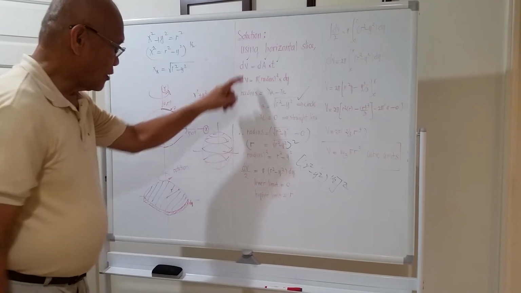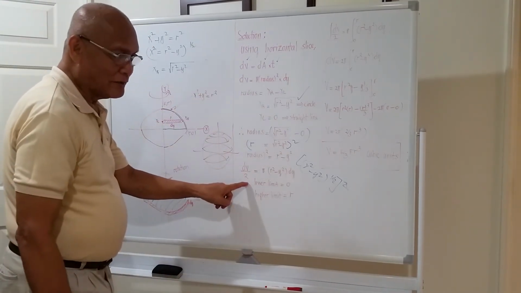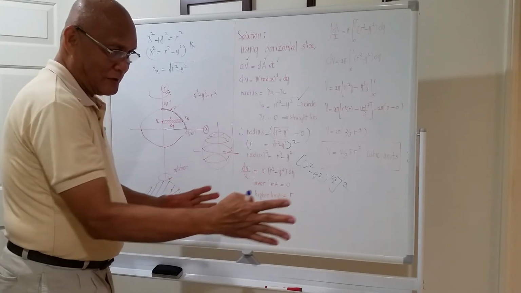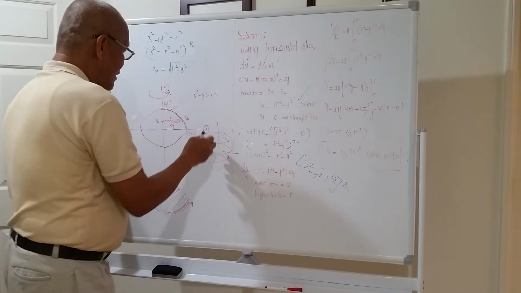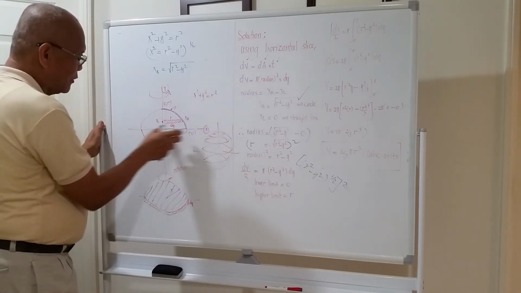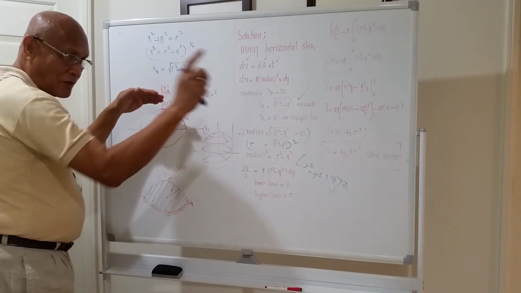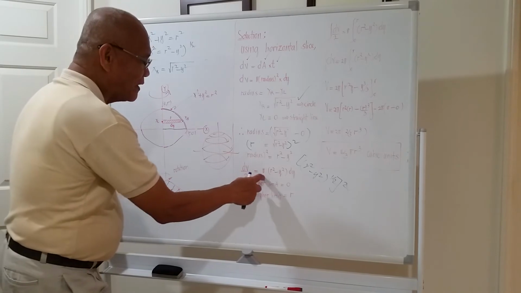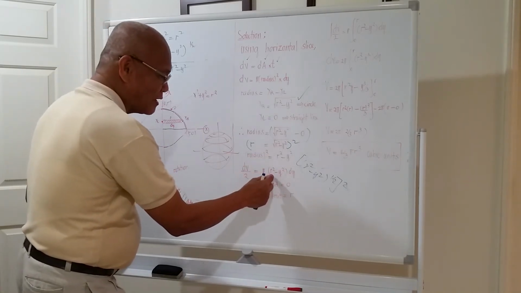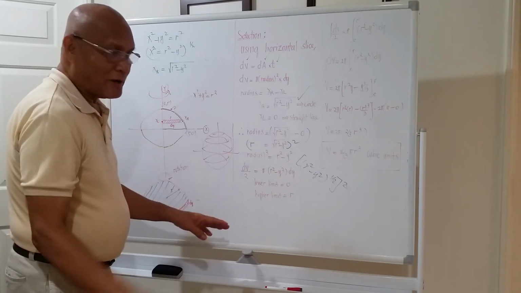Going back to the differential volume over 2, I place 2 here because this pair is actually symmetrical with respect to the y-axis. To take the total volume, just take the volume of the upper half, then times 2. So dV over 2 is equal to pi times r squared minus y squared, quantity dy. Let's bring out the limits.